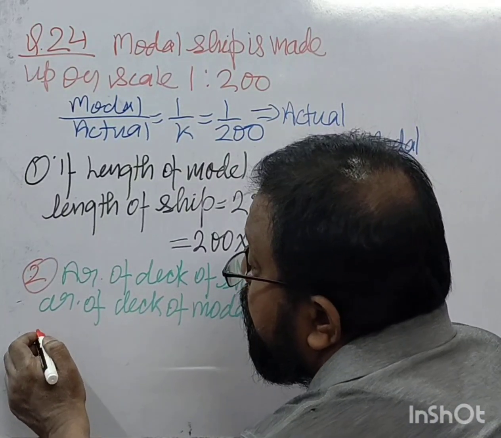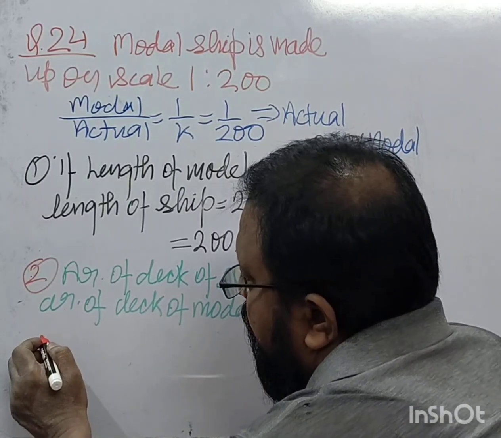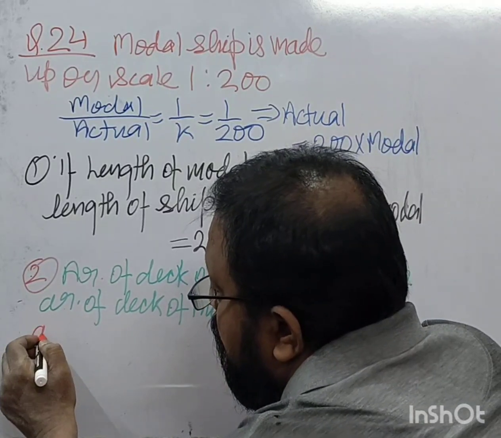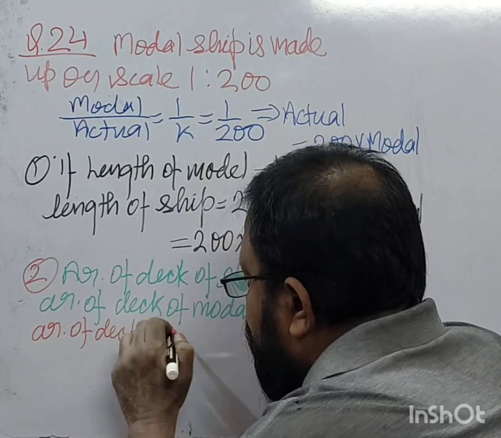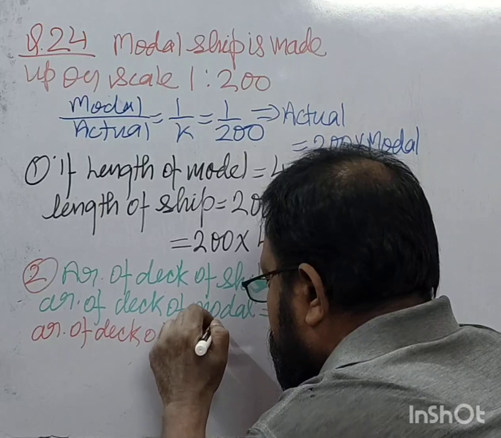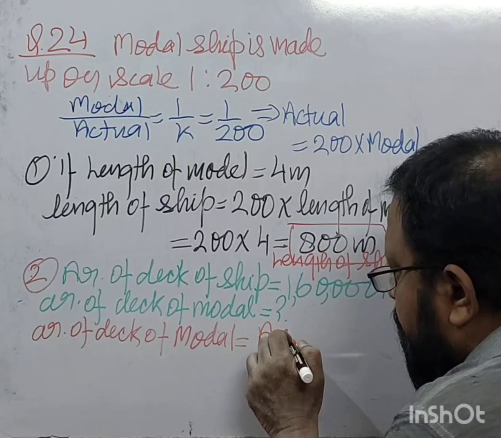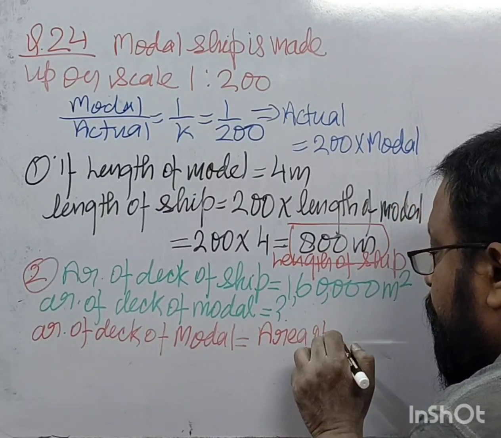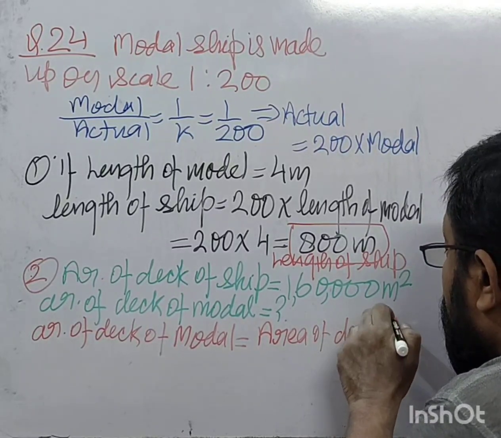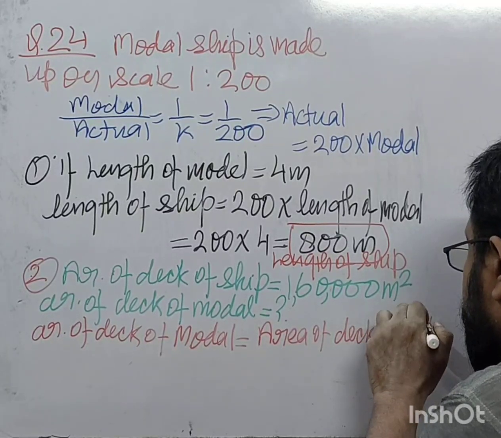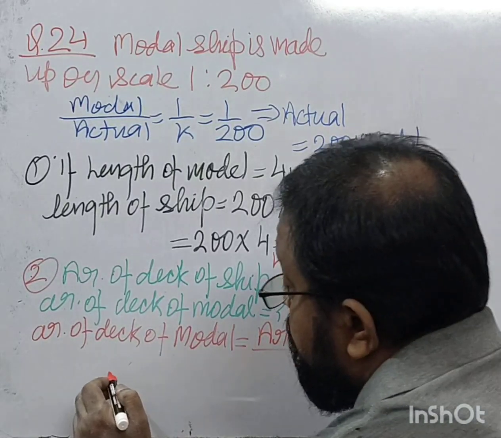So how you do this? You can write area of deck of model is equal to area of deck of ship upon k square, right? So what it will be?